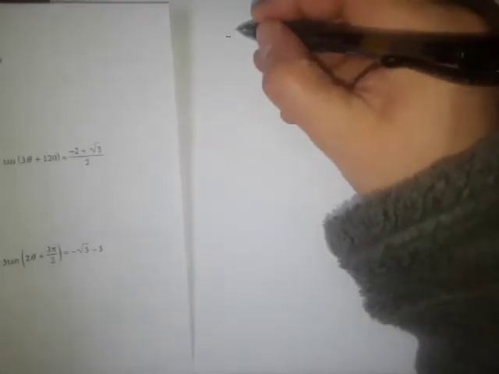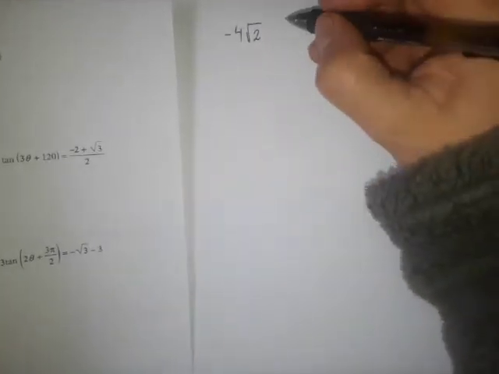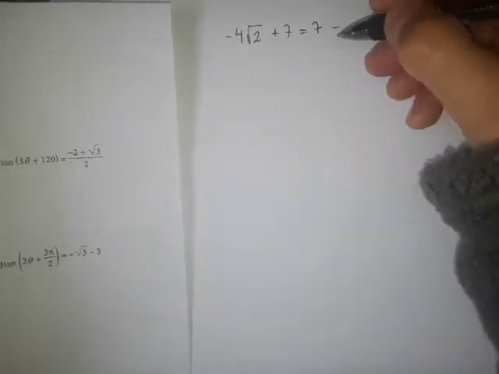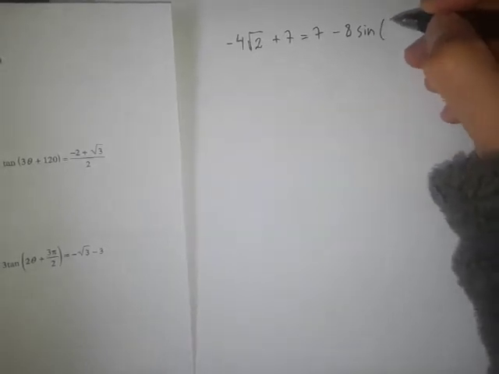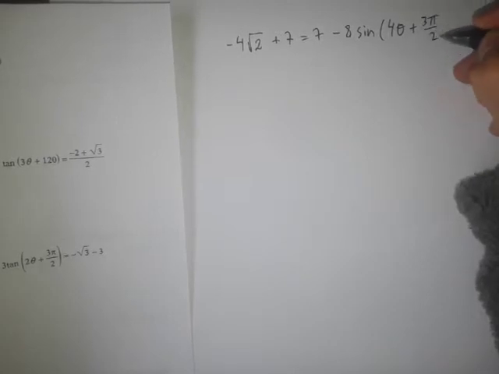So let's write it. So we have negative 4 square root of 2 plus 7 equals 7 minus 8 sine of 4 theta plus 3 pi over 2, right?